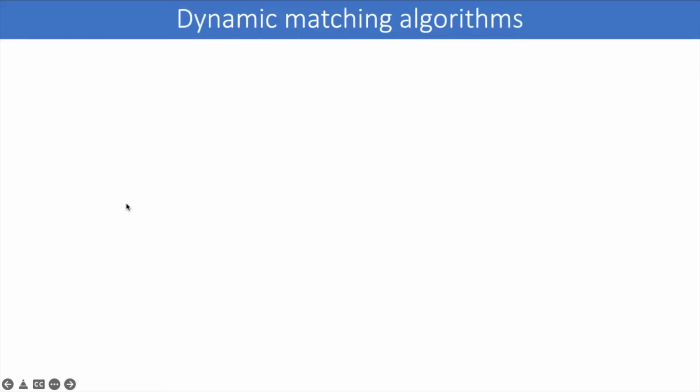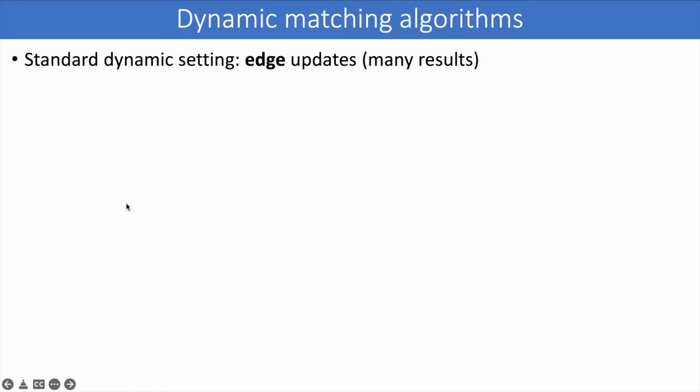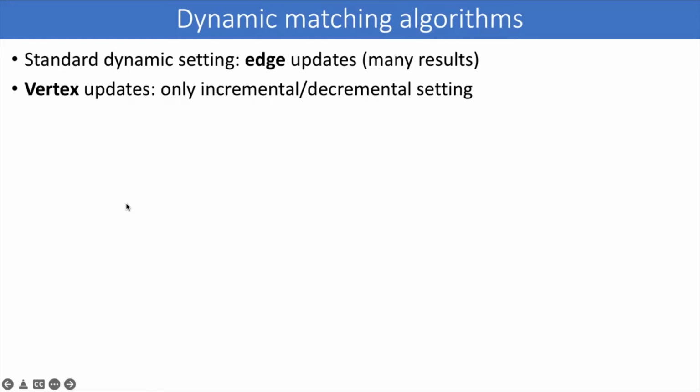We study matching algorithms in the dynamic setting. In the standard dynamic setting, with edge updates, there are many results. This is to be contrasted with the setting with vertex updates, where the literature is very sparse.